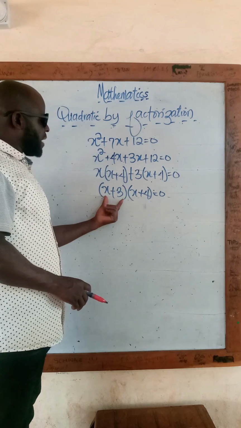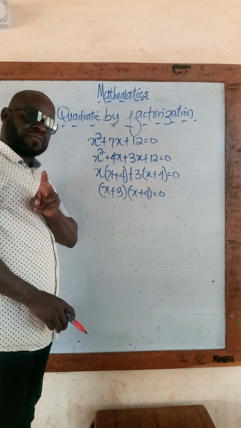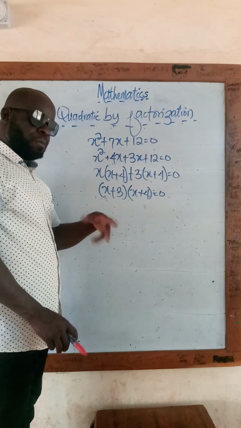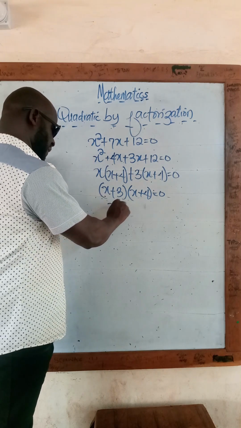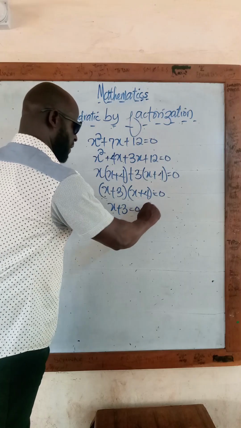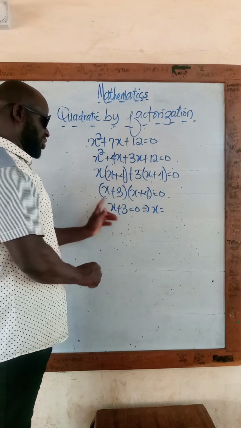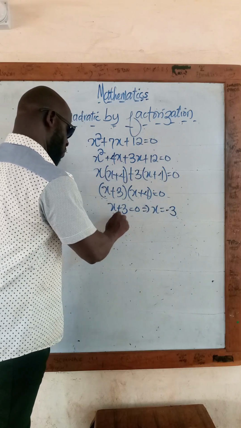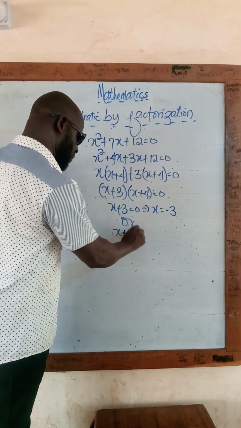Now, when you multiply two numbers together and the answer is 0, two things are involved: either one of the numbers is 0 or both are 0. So you have x plus 3 equals 0. This implies x equals, by the time you move 3 to the other side, change sign, minus 3, or x plus 4 equals 0.